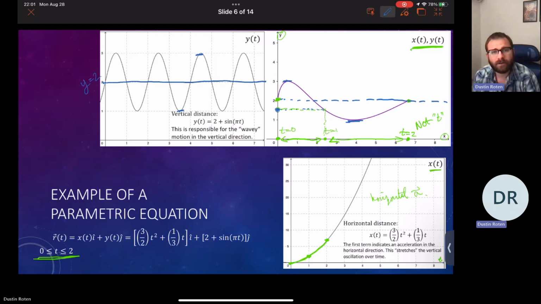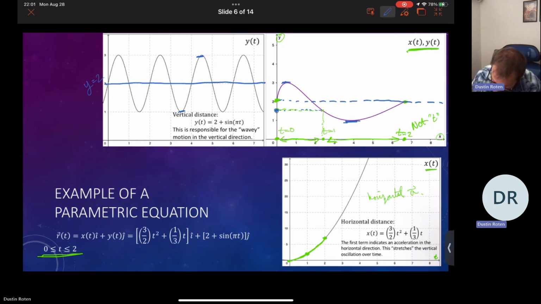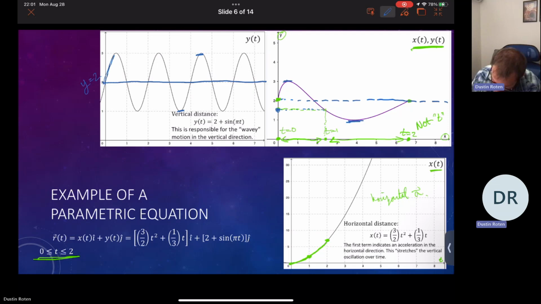But remember, we're only interested in the first 2 seconds. So we only want from 0, 1 full cycle, from 0 up, down, and back up again. So that highlighted part there in blue, that's all we're worried about, because this particle is only traveling in the range of 0 to 2 seconds.